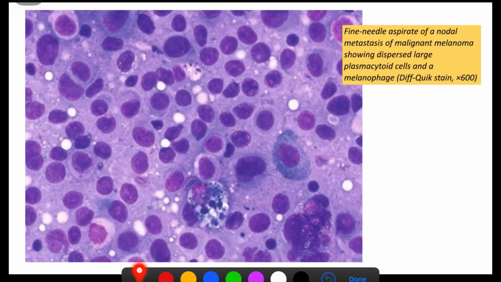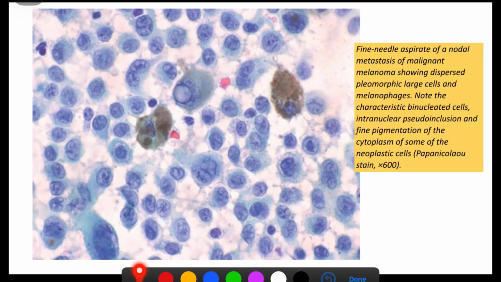And here also this is a smear from malignant melanoma where you can identify malignant melanoma cells with pigmentation in the cytoplasm of melanophage. So this is the pigmentation in the melanophage and these are the large cells suggestive of malignant melanoma.